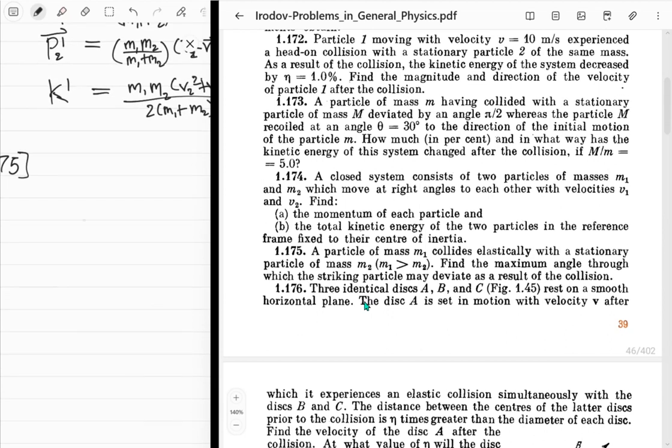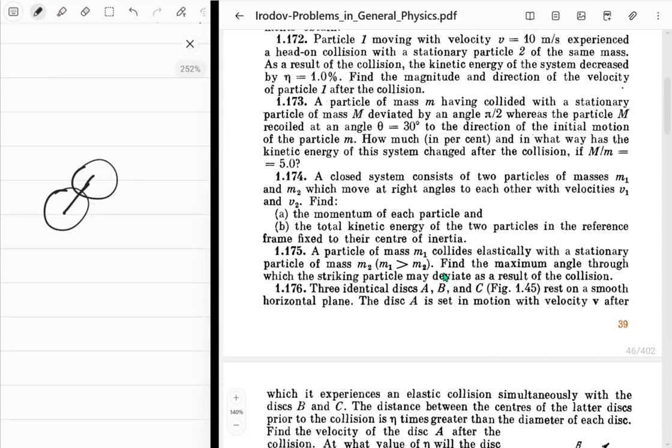So m1 and this is m2, and the angle between them is, oh, and the other guy is stationary. So it collides elastically with a stationary particle of mass m2. Find the maximum angle through which the striking particle may deviate.